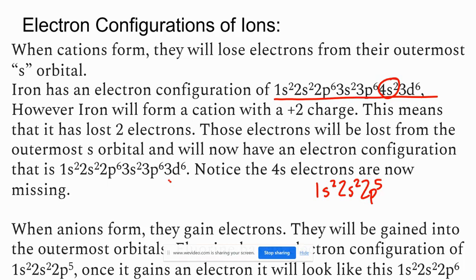For fluorine, if it gets 1 more extra electron, it's full. So if fluorine gets 1 extra electron, its energy level is filled, right? If sodium gets rid of 1 electron, it has its energy level filled.